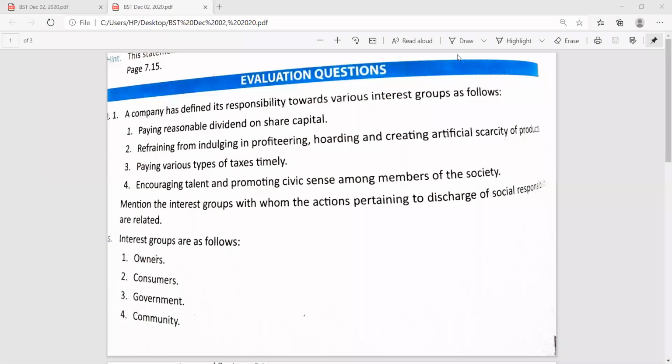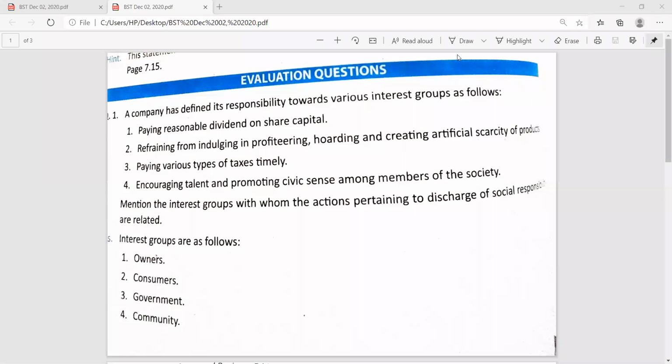Unless you learn the basic concept of the social responsibility of a business towards various consumers, various parties, you will not be able to attempt the correct answer to this type of question.